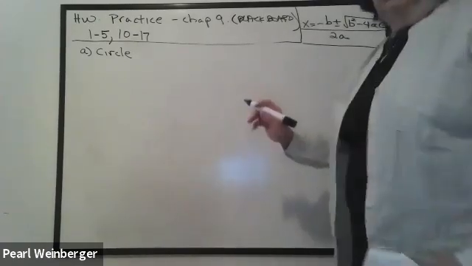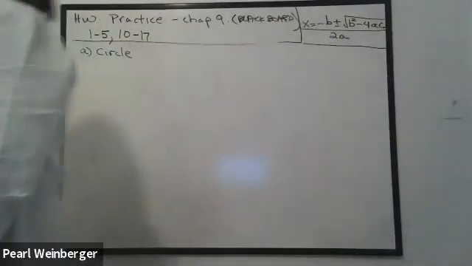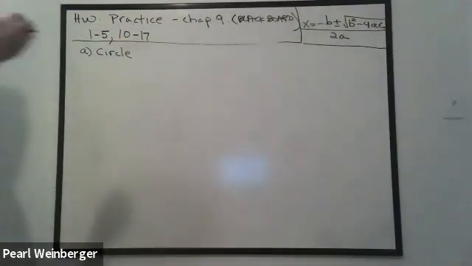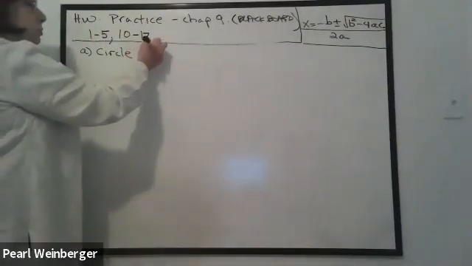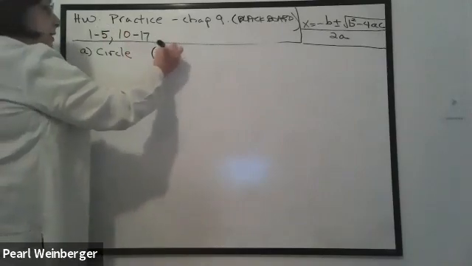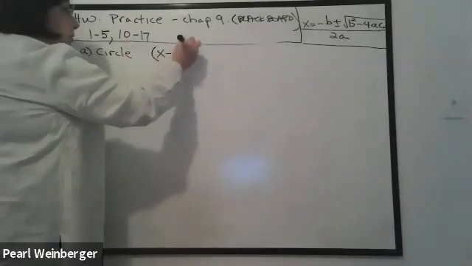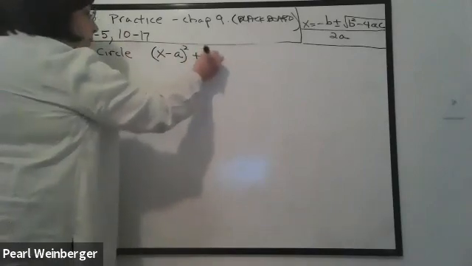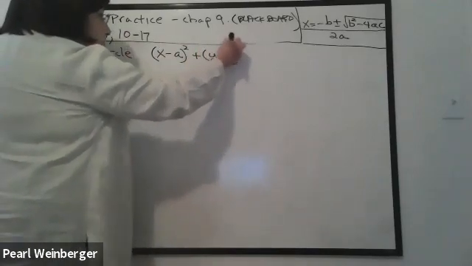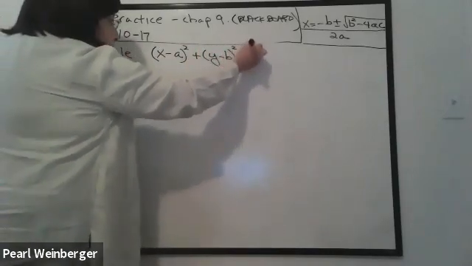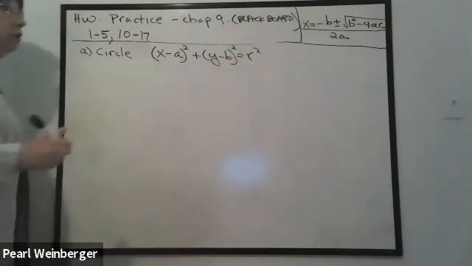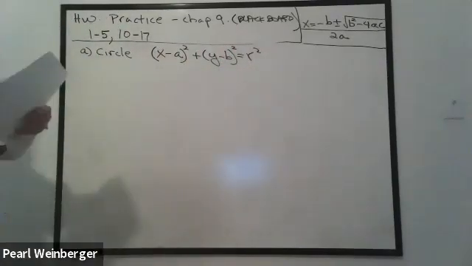Now, you may recall that what we said is that the standard equation for a circle is (x minus a) squared plus (y minus b) squared equals r squared. This is what we call the standard format of the circle.